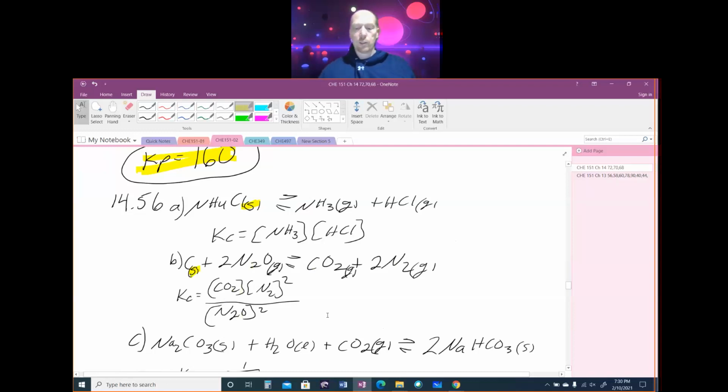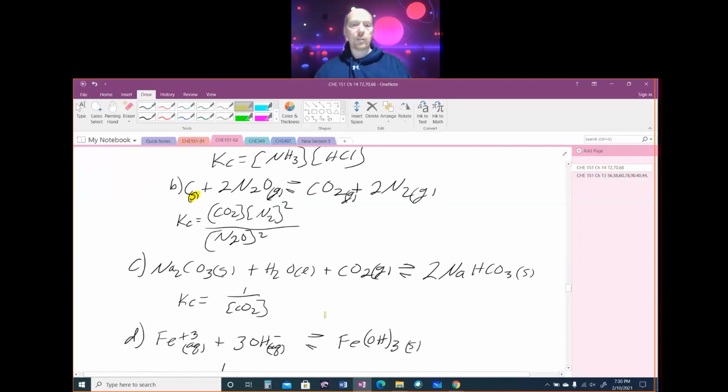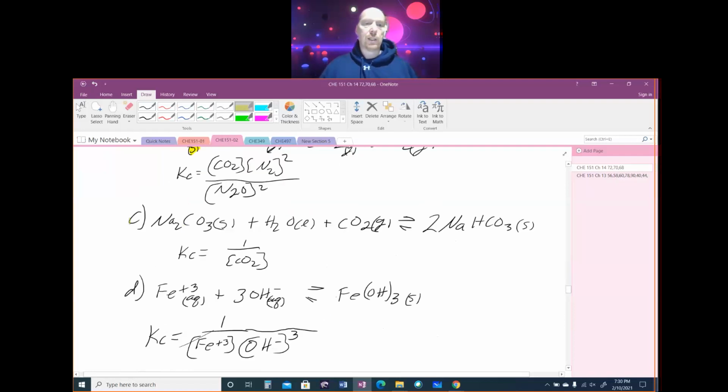And then part C. Here's a solid, it's not included. Here's a liquid, it's not included. Here's a solid, it's not included. The only one that we're going to include in our Kc is the CO2. So you have no products to put in, so just put 1 over reactants, CO2.